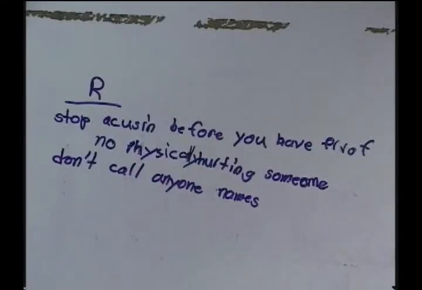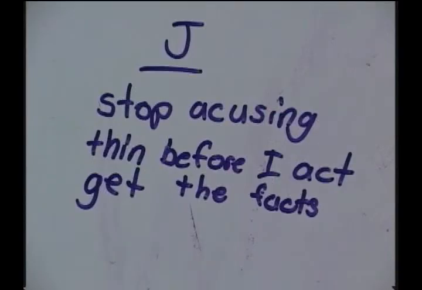I think that Justin should stop accusing before he has proof. He shouldn't physically harm anyone, and he shouldn't call anyone a name. Justin, give 3 possible solutions you think will solve the problem. I could stop accusing, think before I act, and get the facts.